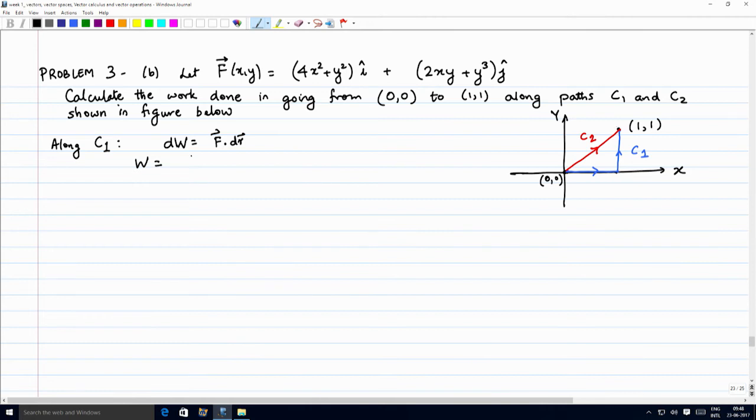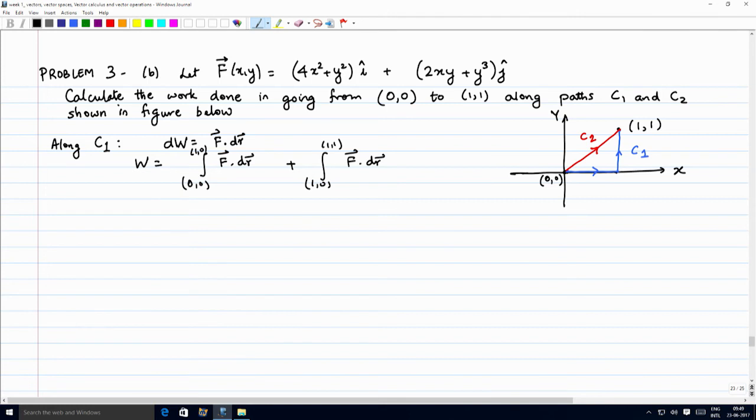The most important thing in doing line integrals is to write the path. So you go from (0,0) to (1,0) of F dot dr, and then from (1,0) to (1,1) of F dot dr. This is the path along C1.